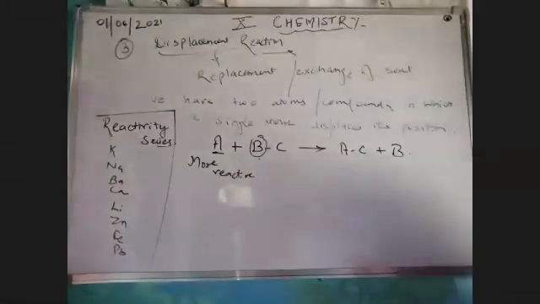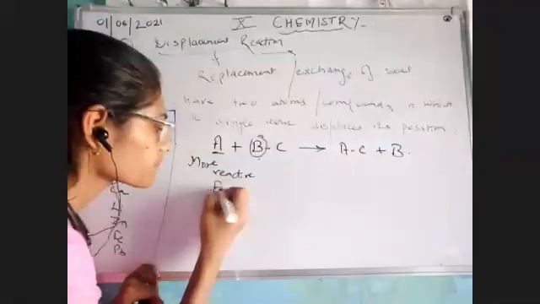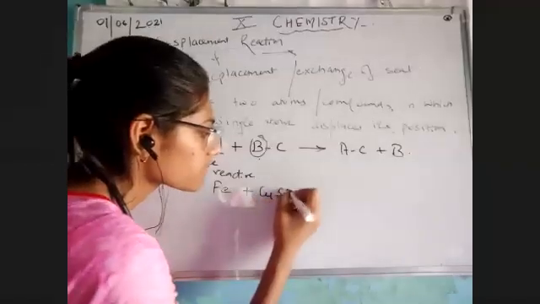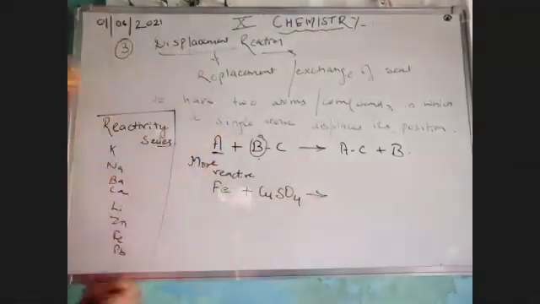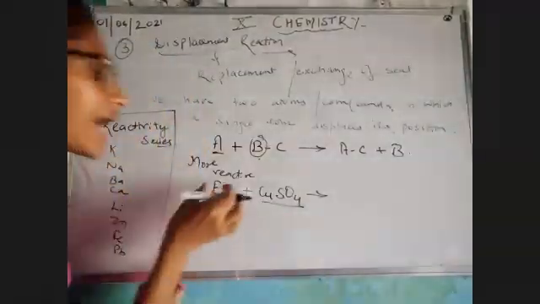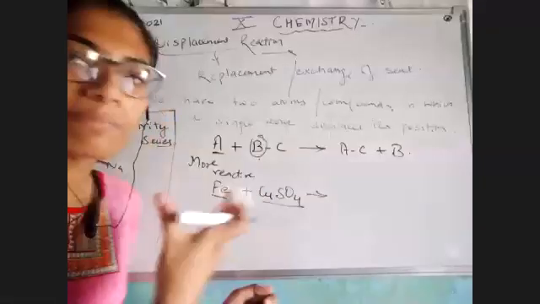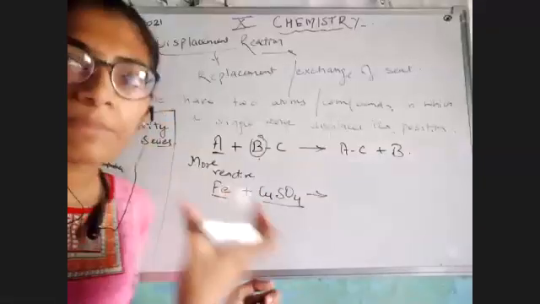The very first example is iron and copper sulfate. Now we have iron, we have copper sulfate. Iron is a metal, and copper sulfate is in liquid state.